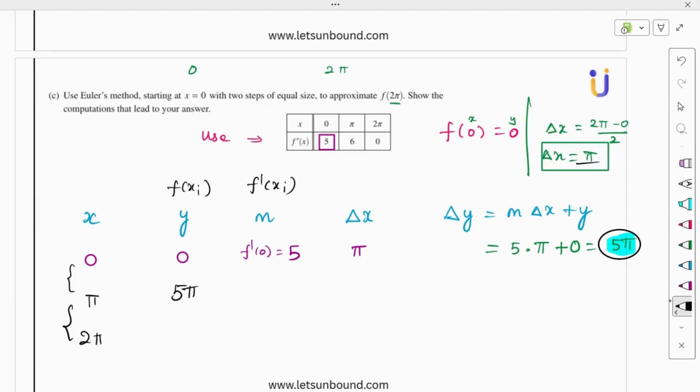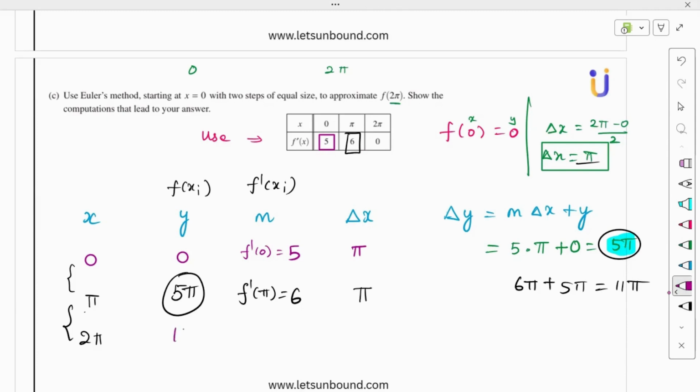Then I need to solve for f dash of pi. The x I am working with here is pi. So what is f dash of pi? Let's go here. It's 6. So 6, and del x is going to be the same. Plug in: m del x is 6 pi. Then plus, what is your y? y is 5 pi. So roughly 11 pi.